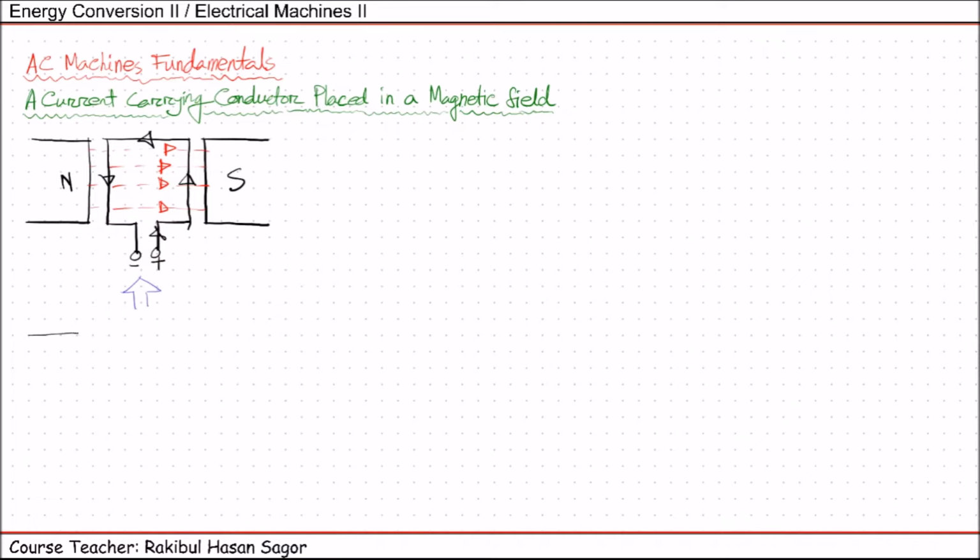So if we draw, then this will be the north side and the conducting wire will be looking like this. This is the south side.